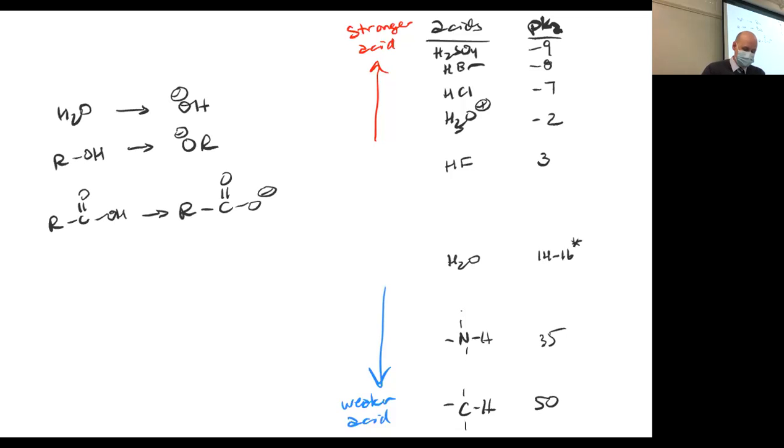So we already know that H2O has a pKa of, I don't know, 14 or 15 and a half, something like that. We'll say 14 to 16. All right, relatively, is an alcohol stronger acid or weaker acid than water?